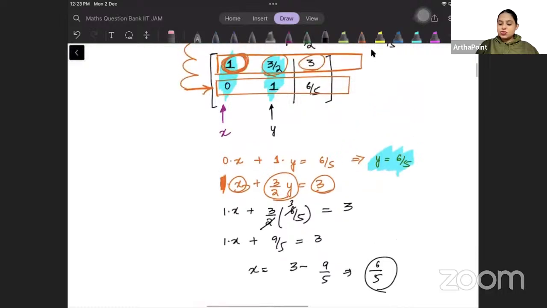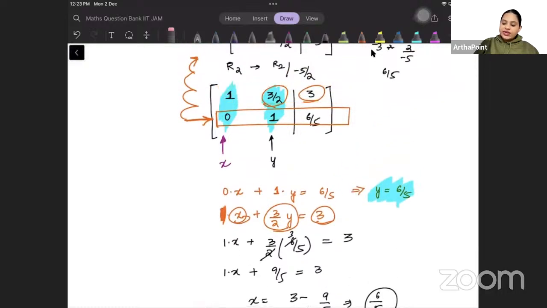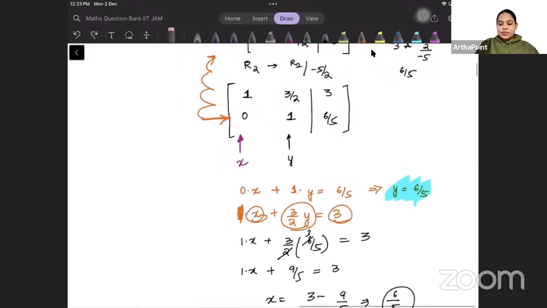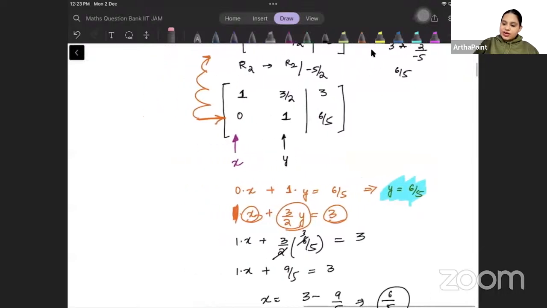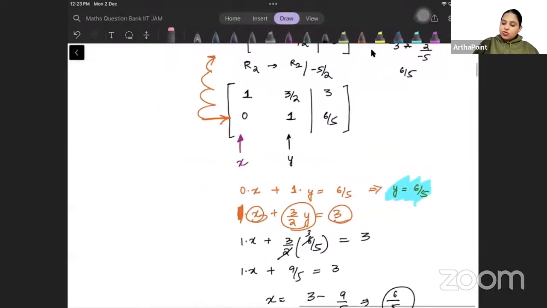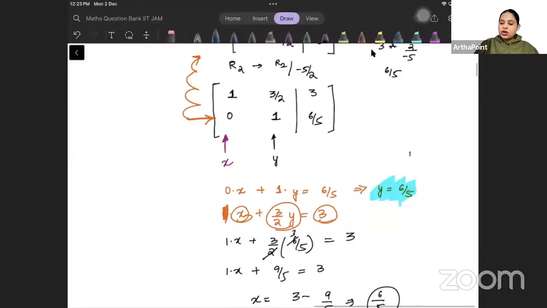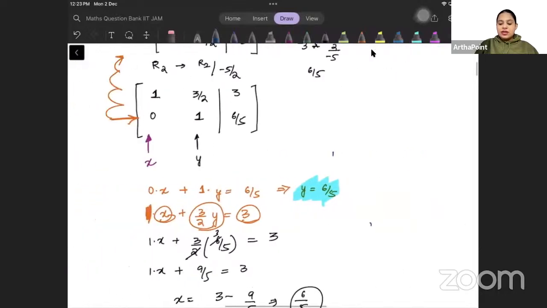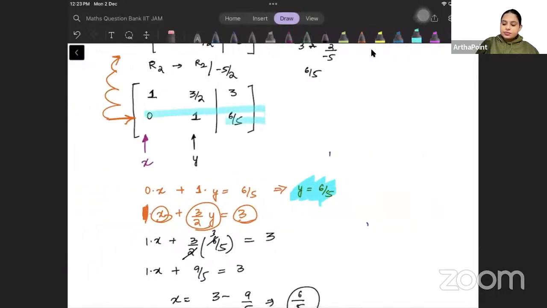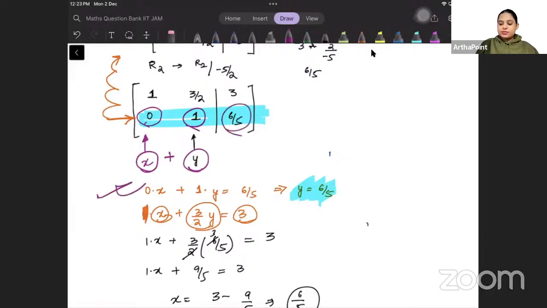I hope this is clear to you. So we are picking one row at a time in this matrix after we convert it into the row echelon form. There are two equations formed here. From the second row, the equation I get is 0 into X plus 1 into Y equal to 6 by 5.